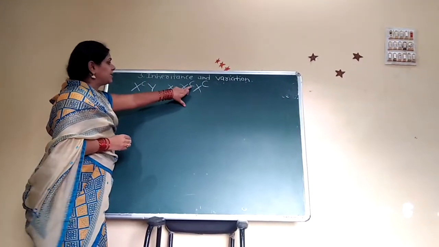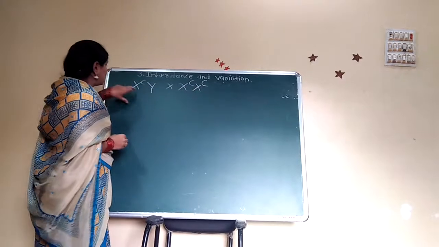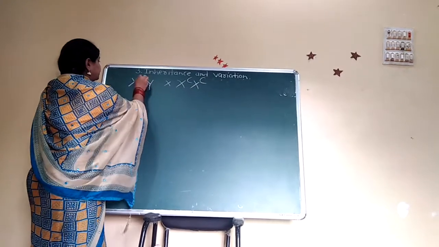Normal is the capital C, and the colorblind is the small c.